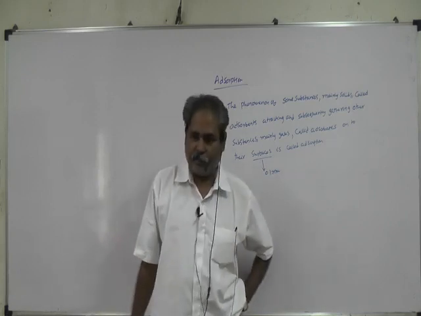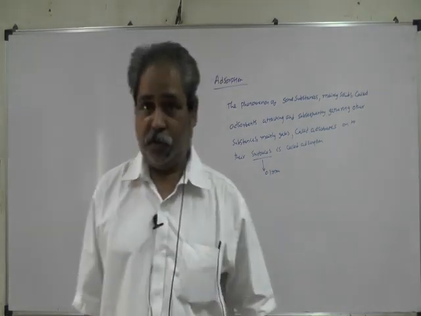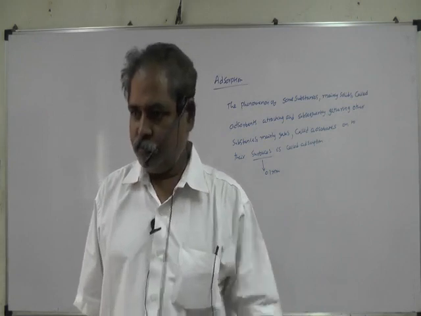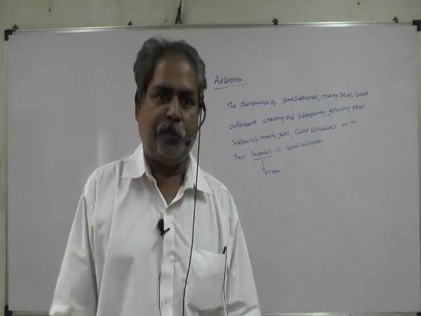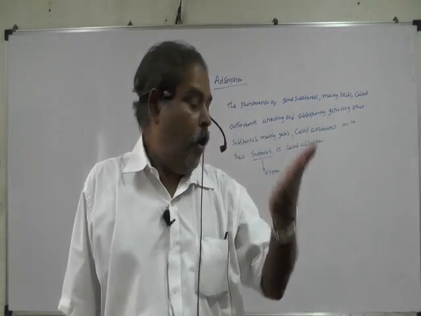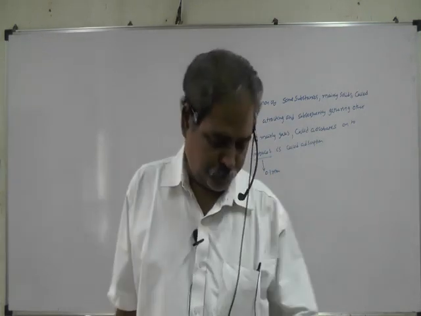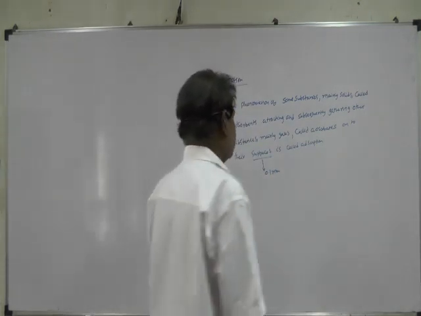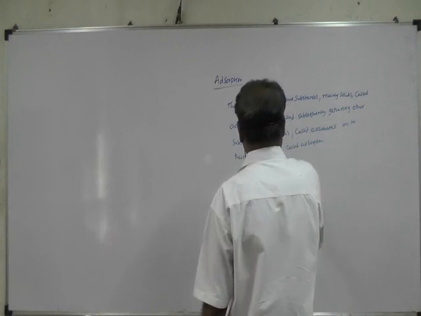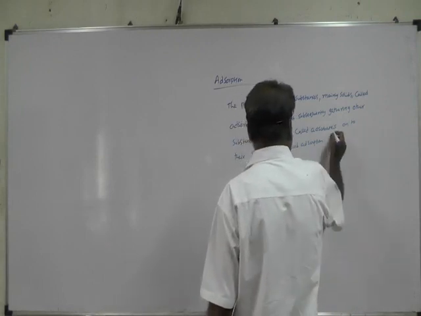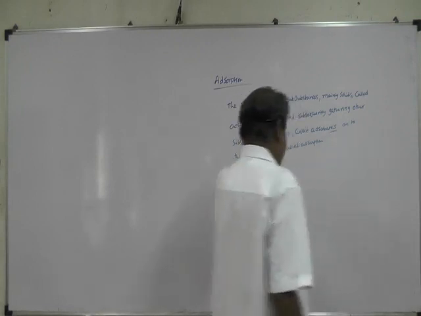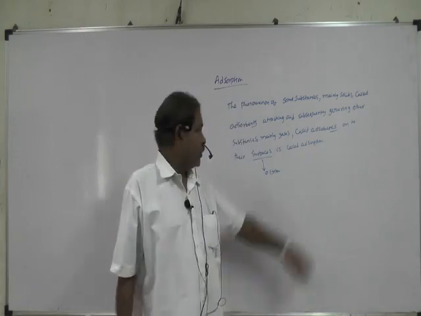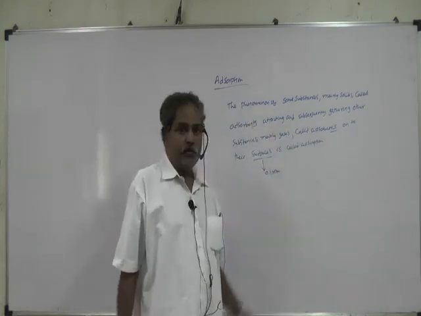Almost the size of an atom. 10 power minus 8 means 1 angstrom. 1 angstrom depth. Adsorbent, adsorbate, rhyming with solvent and solute. That which goes and that which takes.